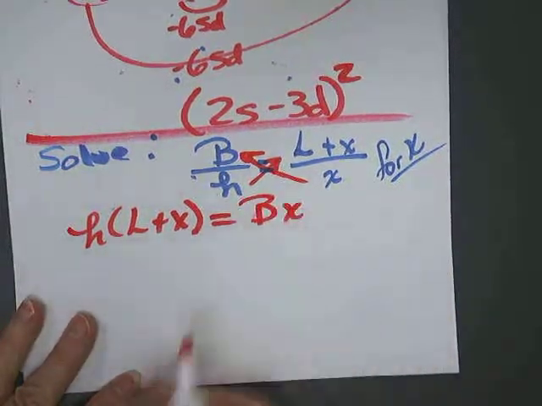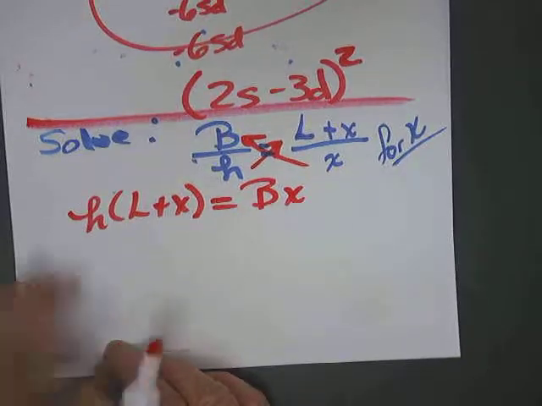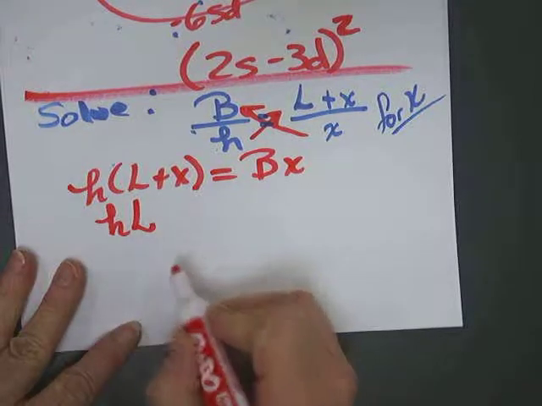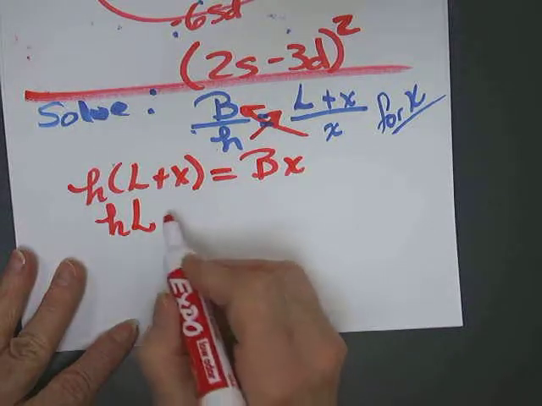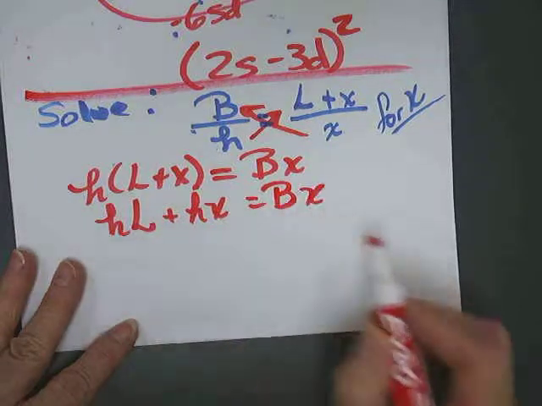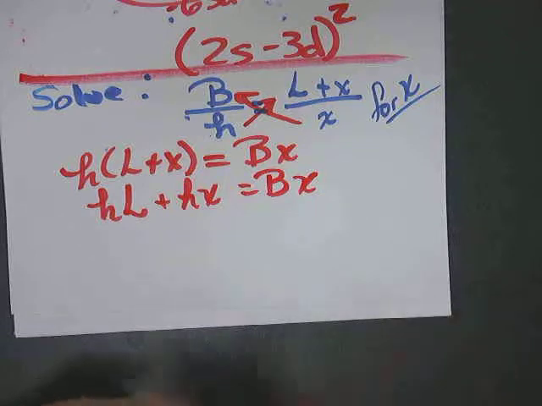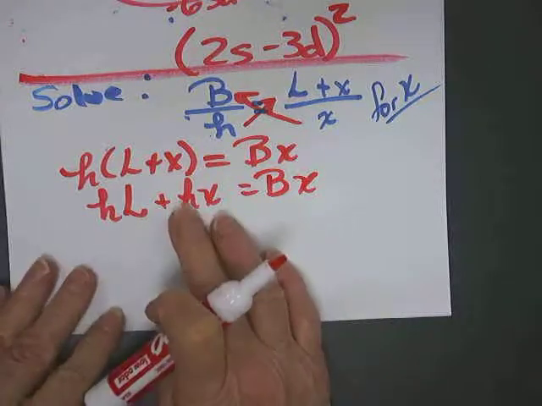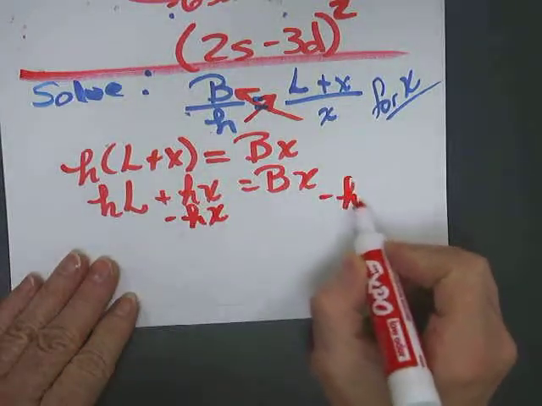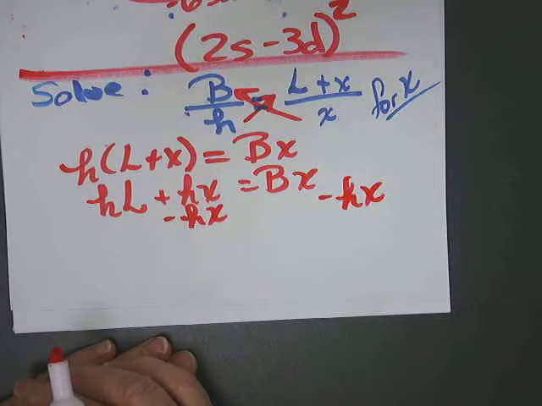Okay, let's solve this. Solve capital B over small h equals capital L plus X over X. We need to solve this for X. How are we going to do that?